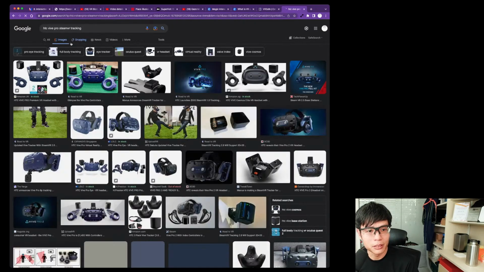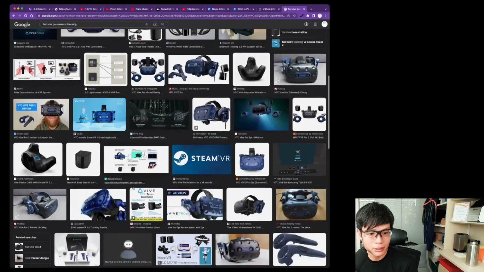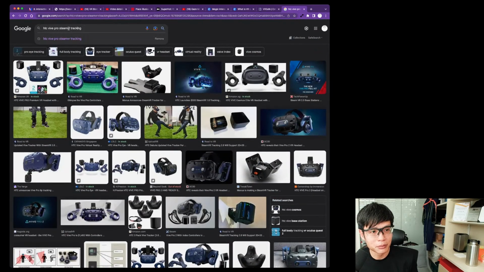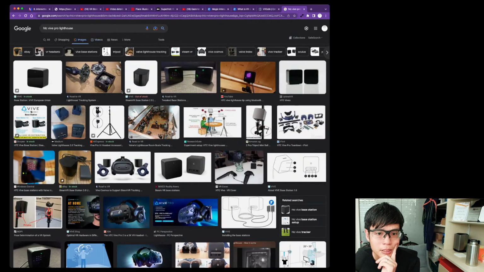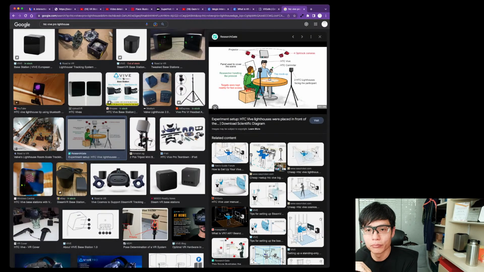So let me just click on images. Maybe lighthouse is a better word. Somehow it doesn't show. Yeah, so this whole setup with external trackers is what we need here, so that we can actually track other things on our body, other than just hands.